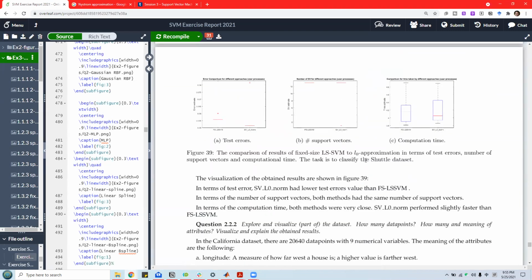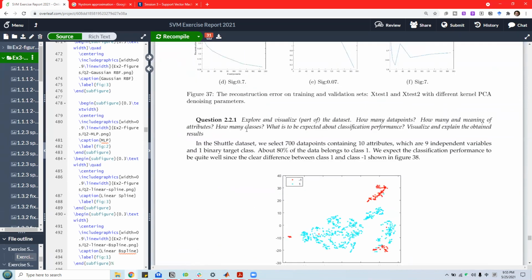Maybe. Do you mean we have to run all this data? No. I think you can just leave the default one for the Shuttle. For the Shuttle data set you just leave it at 700.